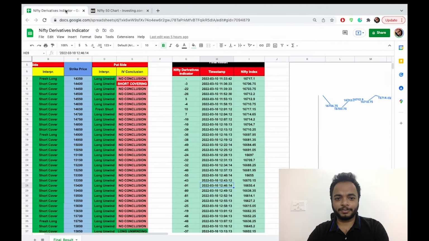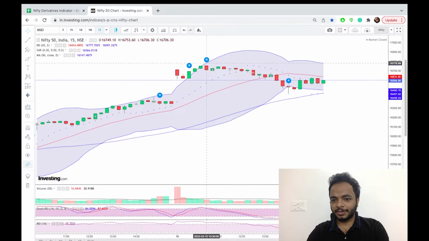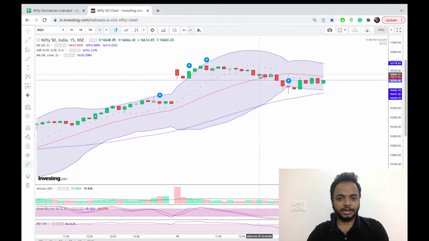Previously the score was decreasing, and negative 91 is a huge negative score according to the Nifty derivatives indicator. There was not much downfall yet, but the scores moved to negative 91, so a very sharp down move was indicated by the Nifty option chain indicator, and after that, as you can see, Nifty almost went to 16,450.